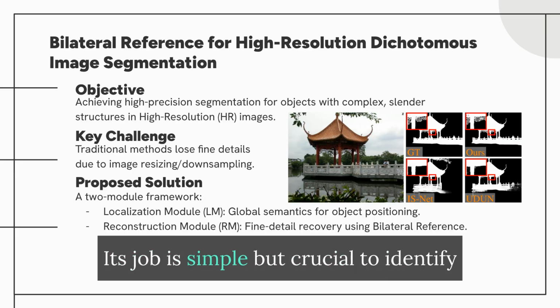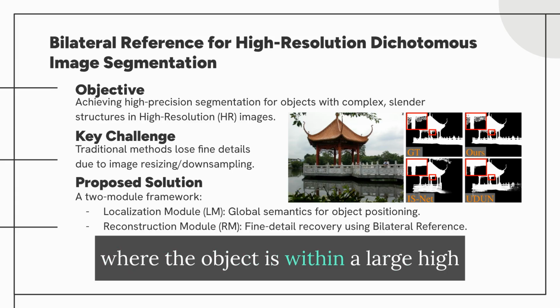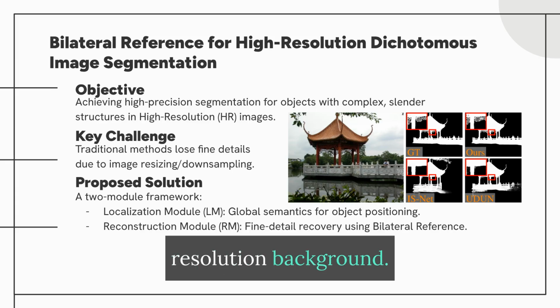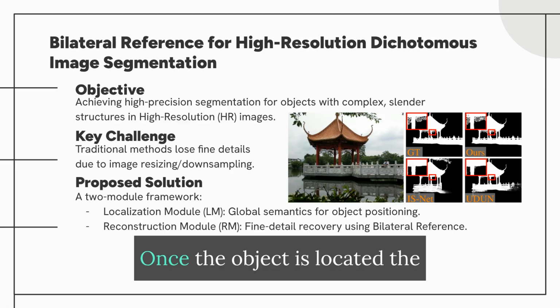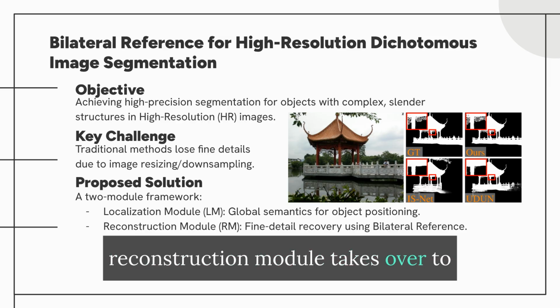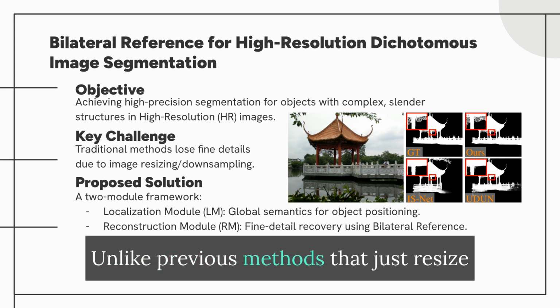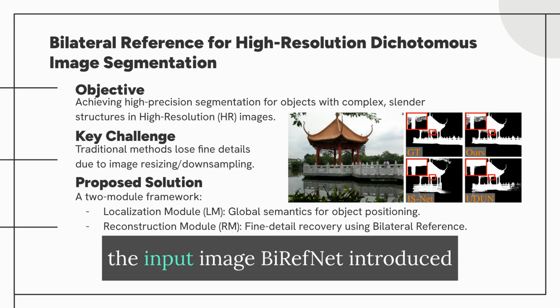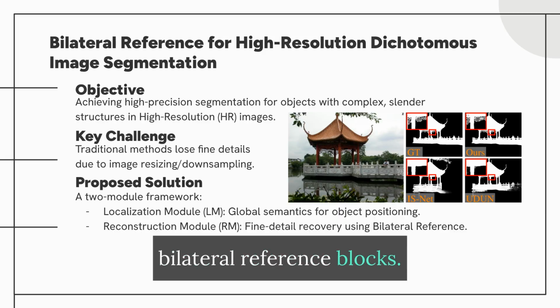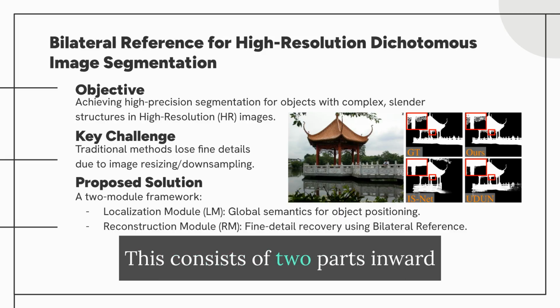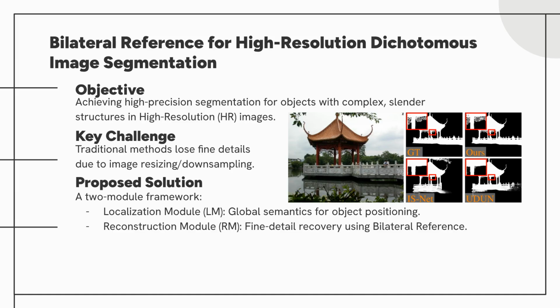Its job is simple but crucial: to identify where the object is within the large high-resolution background. Once the object is located, the reconstruction module takes over to refine the details. Unlike previous methods that just resize the input image, BiRefNet introduced bilateral reference blocks. This consists of two parts: inward reference and outward reference.